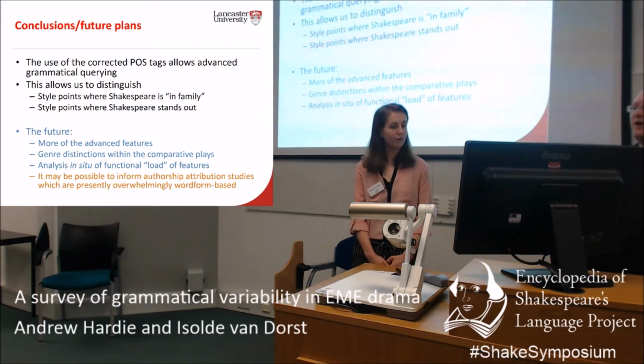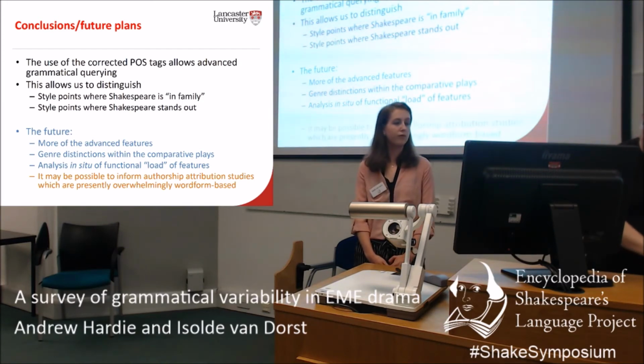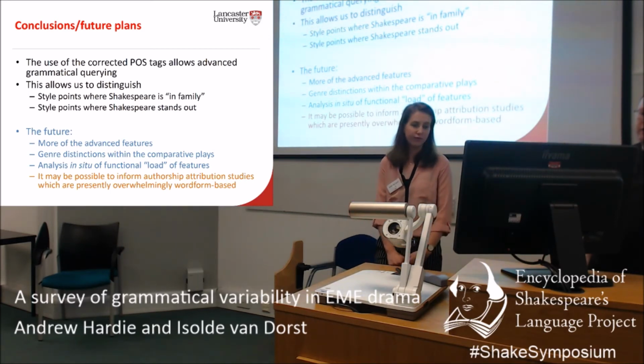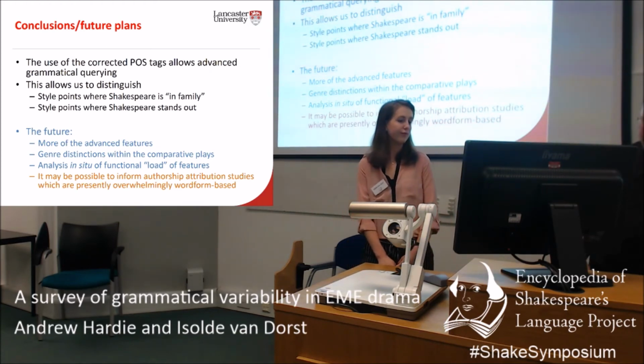And then, in turn, can we explain why Shakespeare's plays don't seem to have any extreme uses of that particular function. And finally, I'm not going to say very much about this, but there is a possibility that this may be able to inform certain strands of research in authorship attribution.